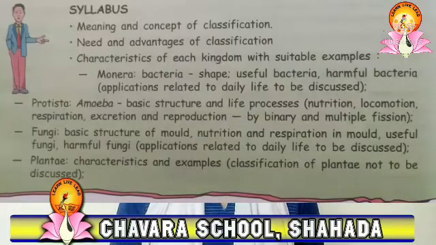The next kingdom is Protista. In this, we are going to study the life process of amoeba: its movement, locomotion, respiration, excretion and cell division. The next kingdom is Fungi, where we will study the basic structure, the life process and the life cycle of fungi.